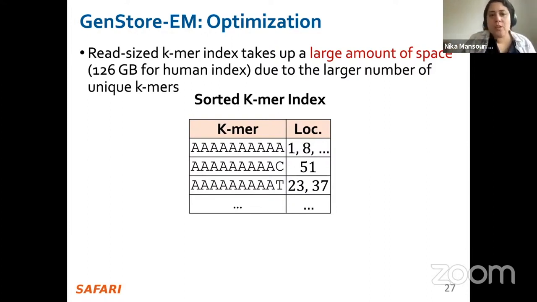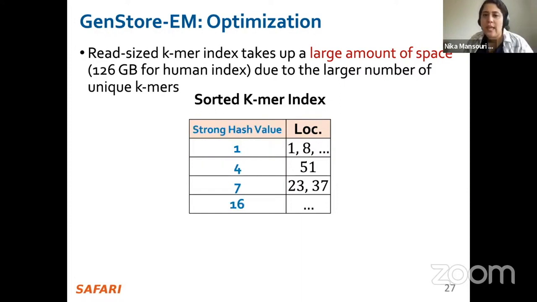So to further reduce the overhead of GenStore EM, we replace the read-size k-mers with a strong hash of each read that can act as the sorting criterion and fingerprint of each entry. So these hash values would take a smaller space. And then again, we can use this to sort the reads, right?